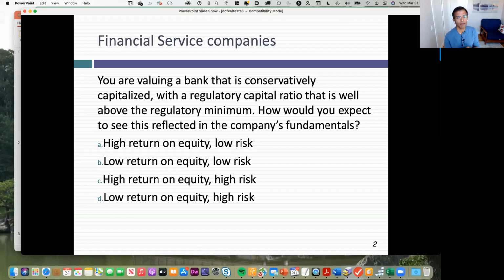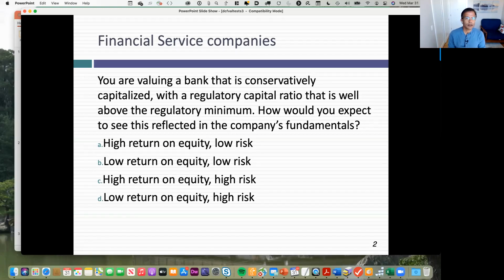So let's break that down. First, in terms of return on equity, if you're overcapitalized, would you expect to see a high return on equity or a low return on equity? I would say low. And the reason is? Because you're holding more equity that you could be investing into profitable engagement. So basically, you've tied up more equity in the company, so you're going to have a low return on equity, right?